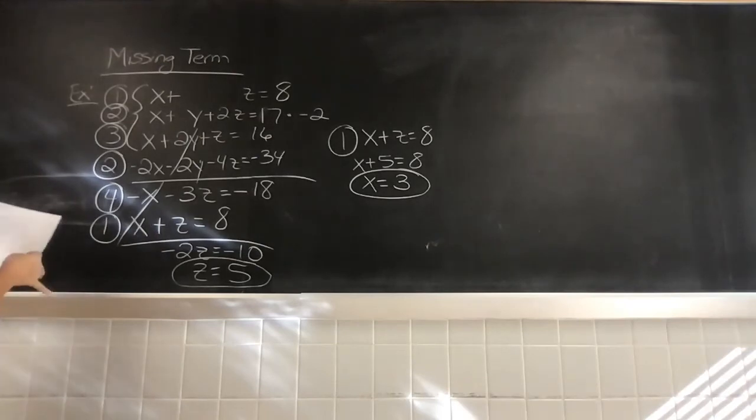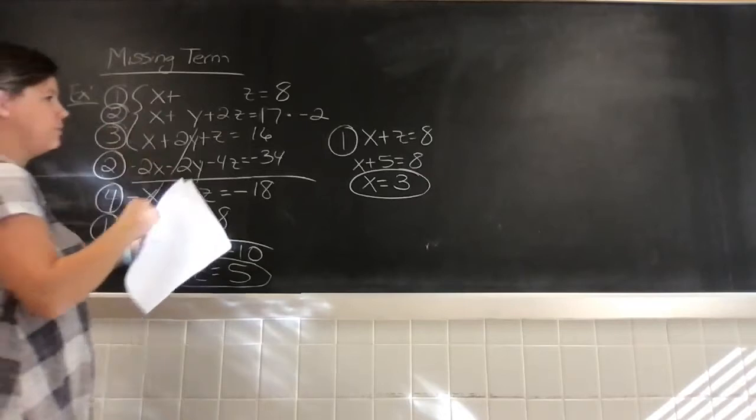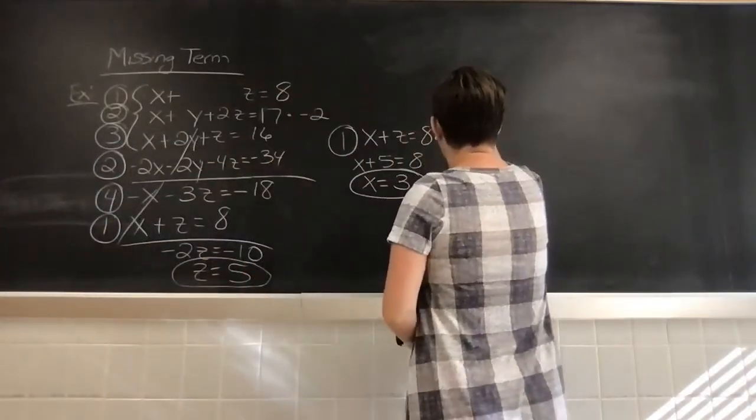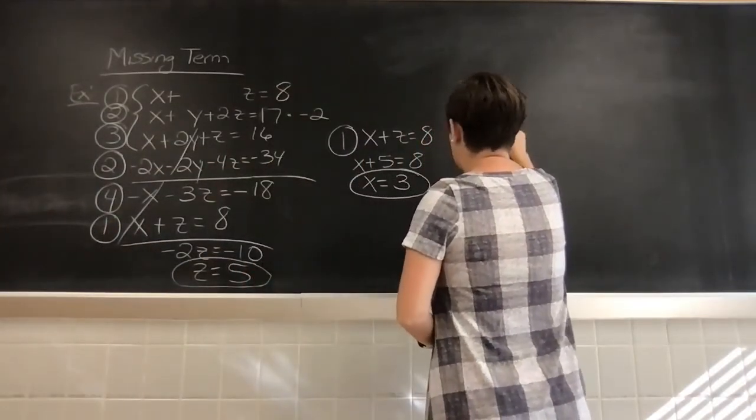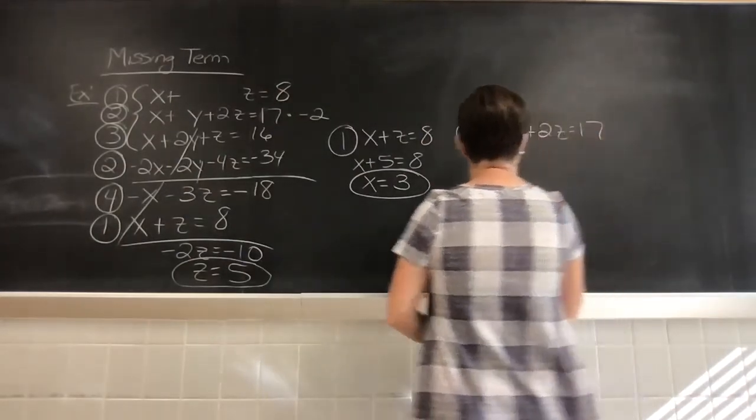I'm going to plug it into equation 2, because in equation 2, the y is all by itself. I have x plus y plus 2z equals 17.